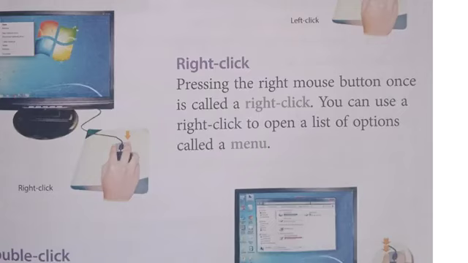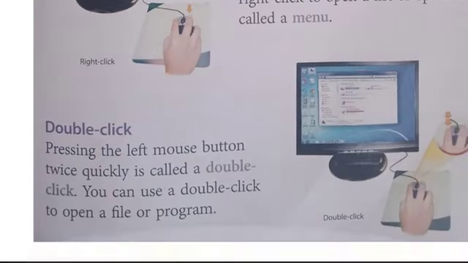Whenever you give a right click, a drop down menu will appear. Usually this drop down menu will contain copy, paste, open and so on. So many basic options will be there in the right click. On the right side, clicking only once is right click.